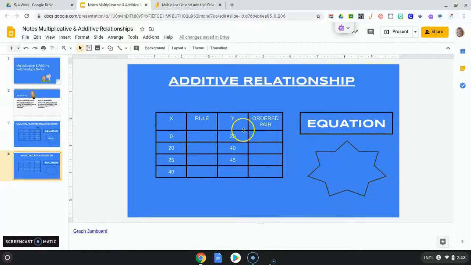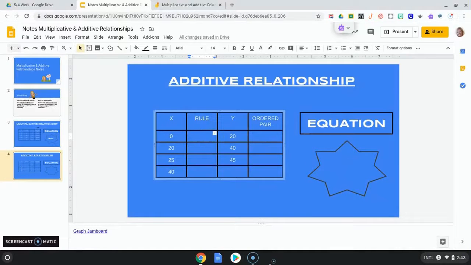Well, in this case, my rule here, every time you see, I'm adding 20. So 0 plus 20 is 20. So my ordered pair here is going to be 0, 20. That's my x value, and when x is 0, y is 20. So how do I get from 20 to 40?